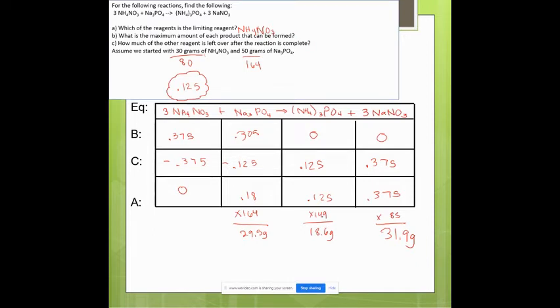So for this one, we ended up with 18.6 grams of our ammonium phosphate. And for our sodium nitrate, we ended up with 31.9 grams. And then they wanted to know how much of the other reagent is left over after the reaction is complete. Well, that excess reactant was sodium phosphate, and we ended up with 29.5 grams of that left over.